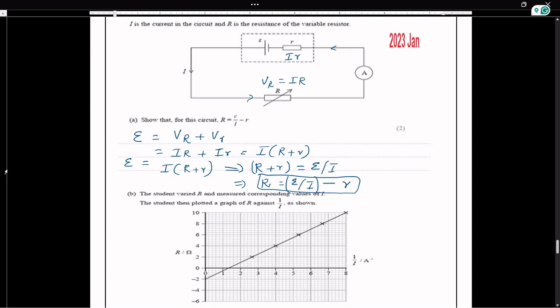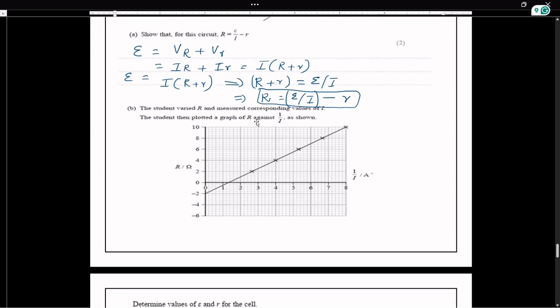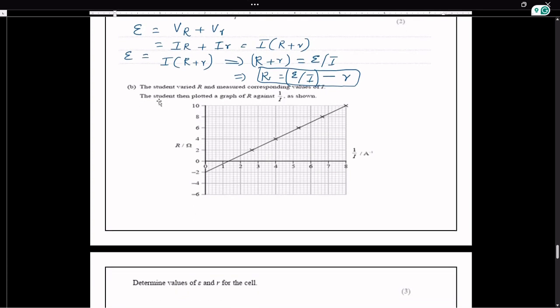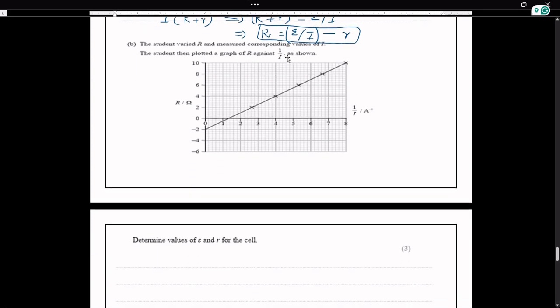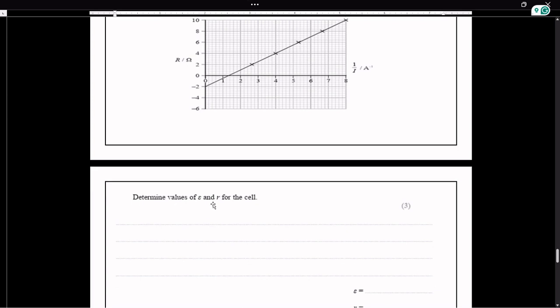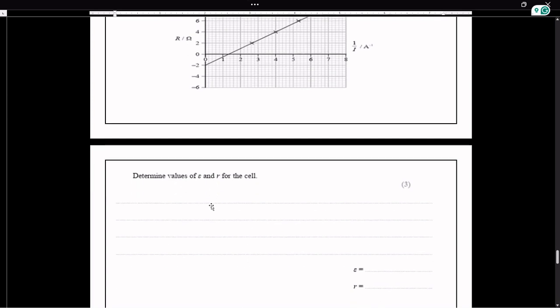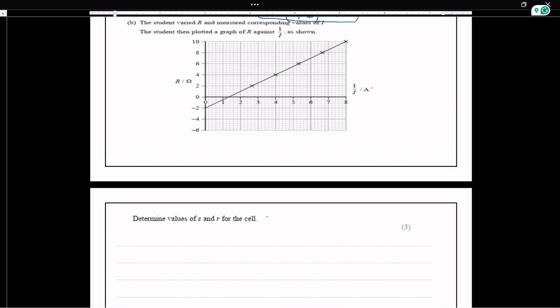Now the next part of the question is: the student varied R and measured the corresponding value of I. The student then plotted a graph of R against 1 over I as shown. Determine the value of E and r for this. Here you can see the gradient.